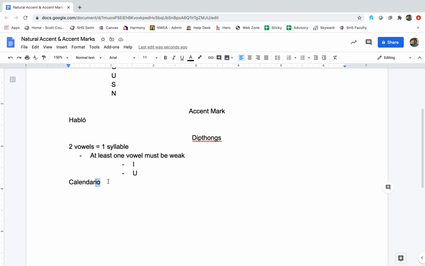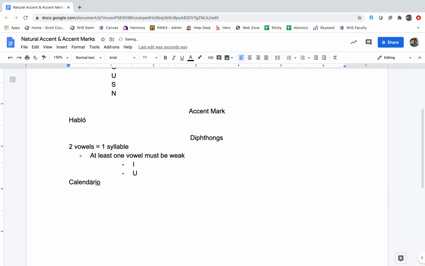Is at least one of them an I or a U? Yes. The I is an I. So that means we have a diphthong. Oh, I spelled diphthong wrong. Oops, it has an H in there. So this is a diphthong, and that means that here we have one syllable.